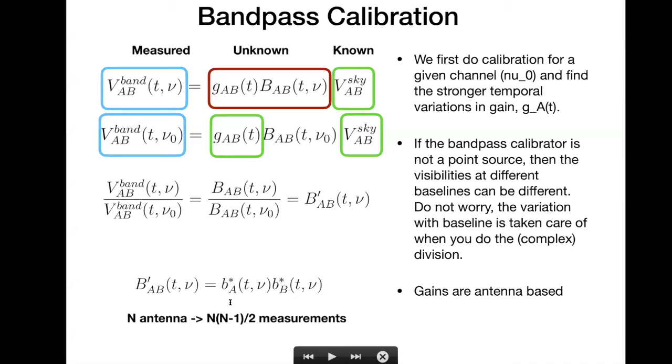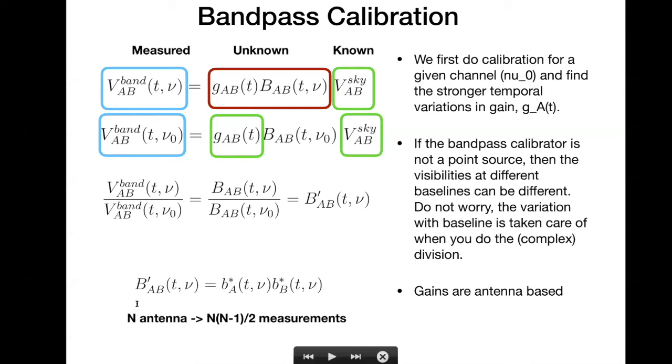And now what I can do, I can go to each and every channel at one observation of the bandpass calibrator. So T is also fixed, mu is fixed. Just like earlier, I have to calculate now the values of B_A for all n antennas, all 30 antennas for GMRT.